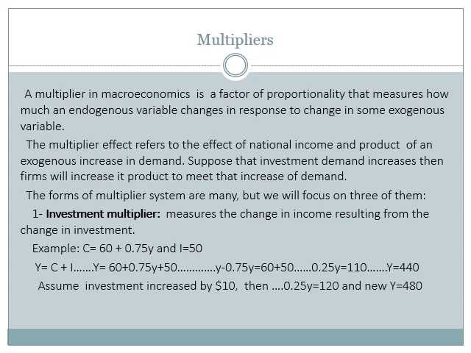The delta Y equals 480 minus 440, which is 40 only. So the change in income equals 40, from 440 up to 480.